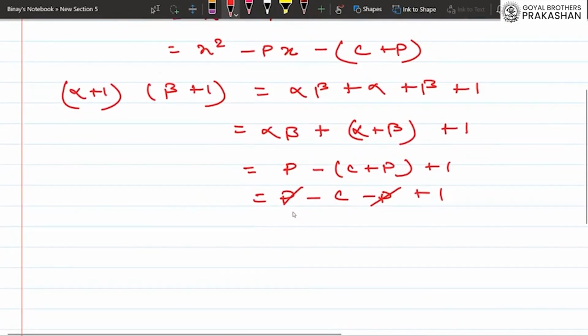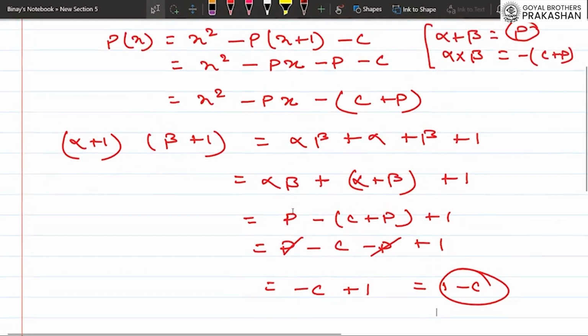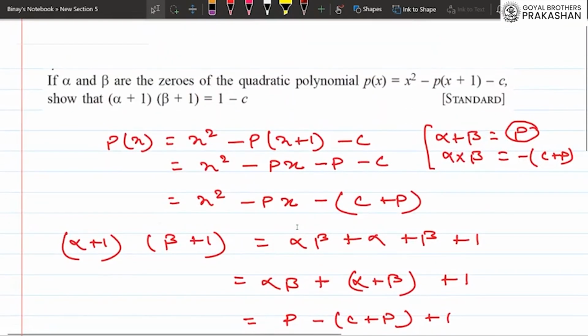So what we will get here is minus c plus 1, and that can be written as 1 minus c. So the left hand side was the product of alpha plus 1 and beta plus 1, and ultimately we got 1 minus c as the right hand side, and this was the condition we had to prove.